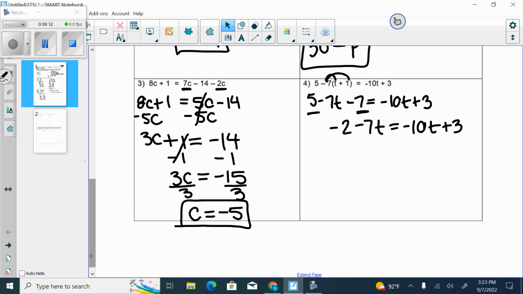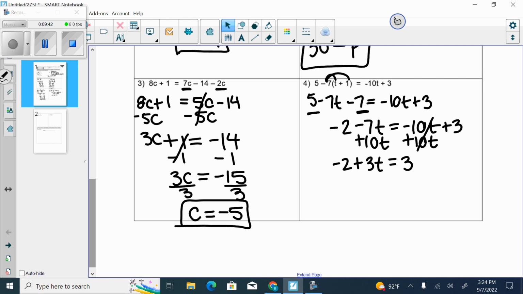Okay, what do you guys want to move now? The 10. Okay, so if it's negative, to move it, we would add. Good. Right, so over here I've got negative 7t plus 10t. Good. So we got negative 2 plus 3t equals, all that's left over here is the 3.